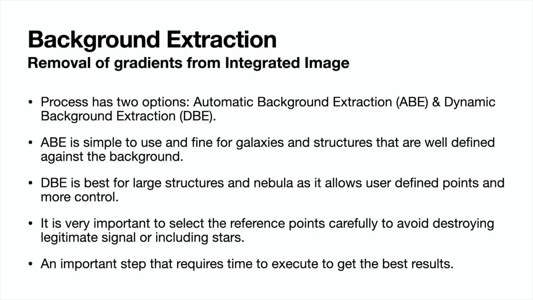There are two options under the background extraction process window: Automatic Background Extraction and Dynamic Background Extraction. Automatic Background Extraction is simple to use, and it's fine for galaxies and structures that are well defined against the background.